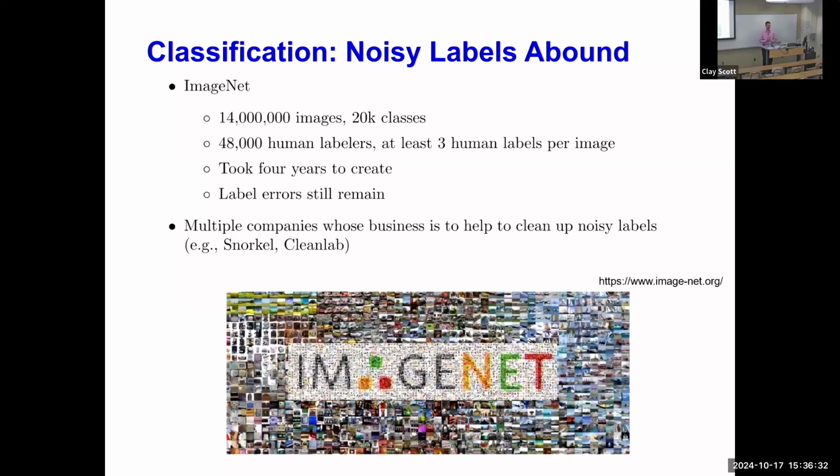We can just think of those as noisy labels. There are actually companies whose business it is to help other companies with noisy data clean up their data and improve their deep learning models to overcome this issue. So noisy labels in classification is just a pervasive problem in modern machine learning.